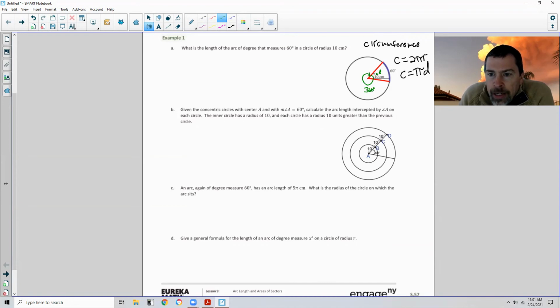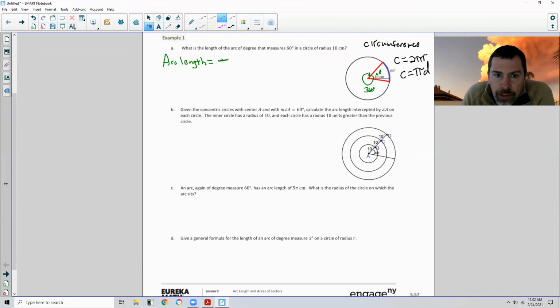So I look at it as a ratio of the distance the arc is with respect to the whole rotation of the circle. Think of a circle as 360 degrees. We've gone 60 degrees around. So to find the length of an arc with a degree measure of 60 degrees in a circle with radius 10, we say arc length equals a portion of the circumference.